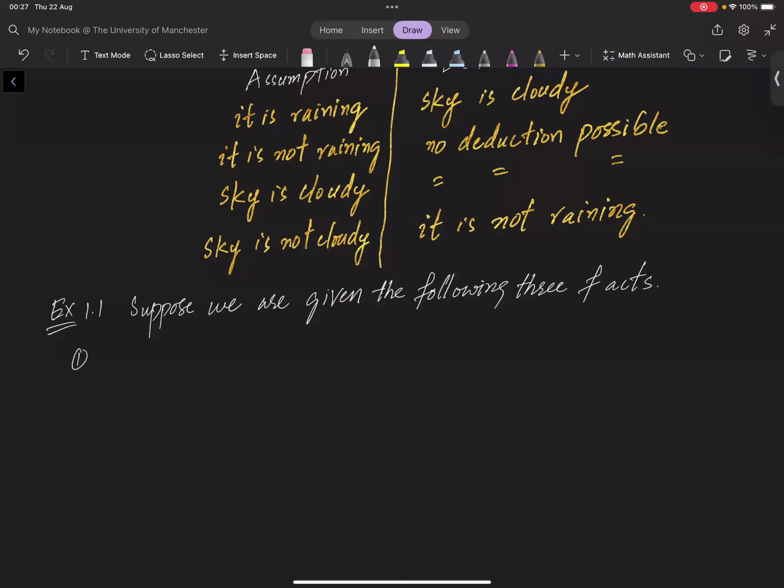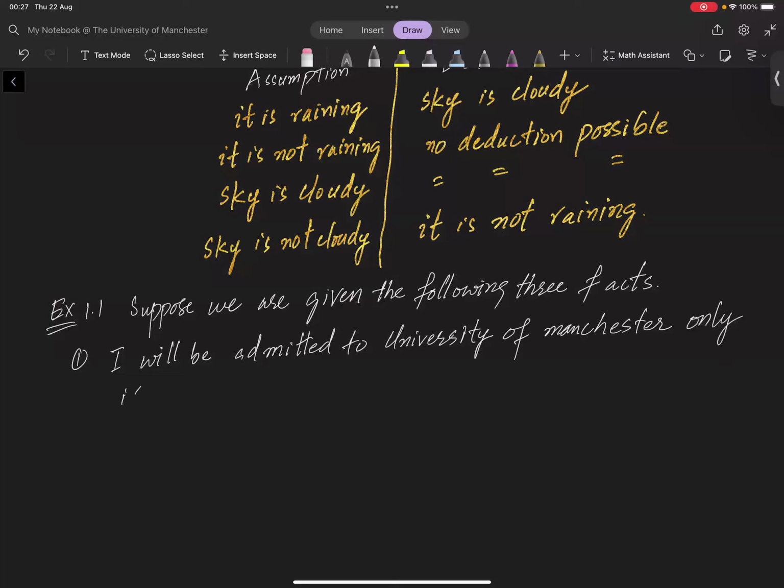A: I will be admitted to University of Manchester only if I am clever.